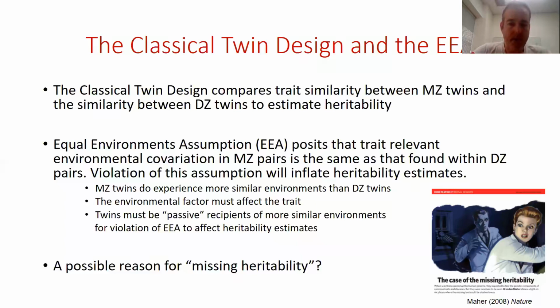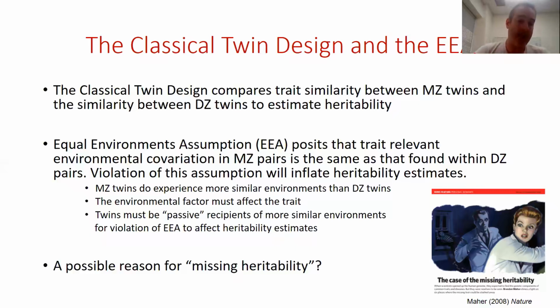There's a number of caveats to this. First of all, the environmental factor must affect the trait in order for violation of this assumption to be an issue. If it's just the fact that MZ twins experience more similar environments than DZ twins, but those environments don't affect the trait, that's irrelevant when we're estimating heritability for that particular trait.